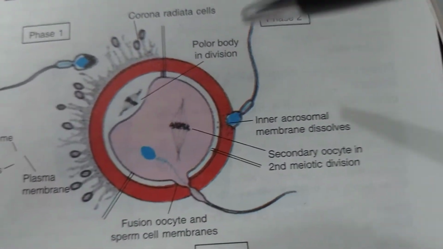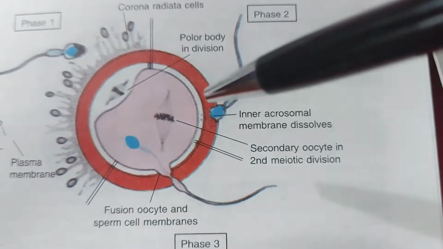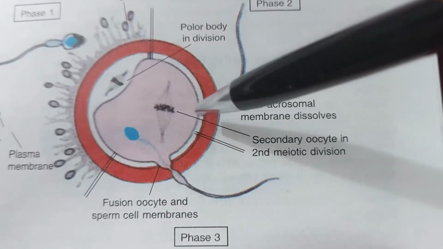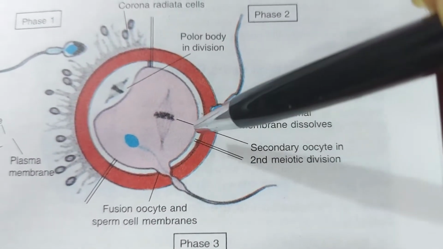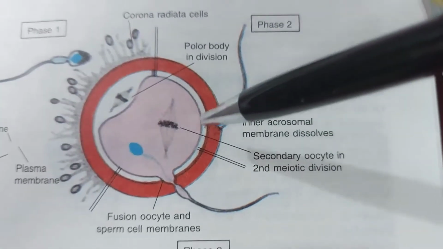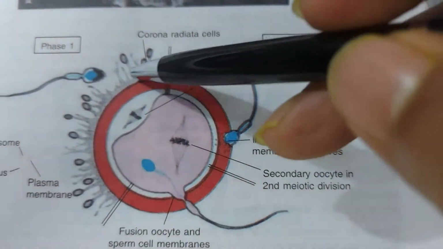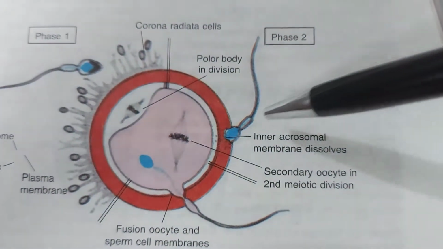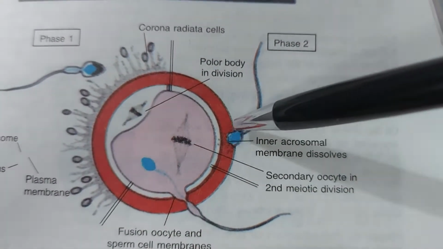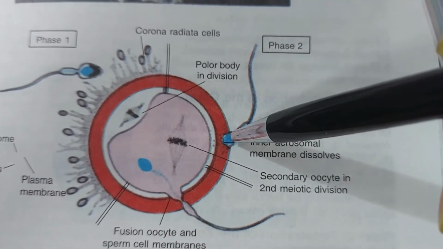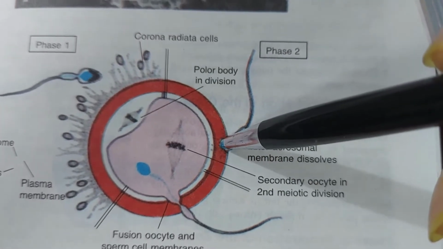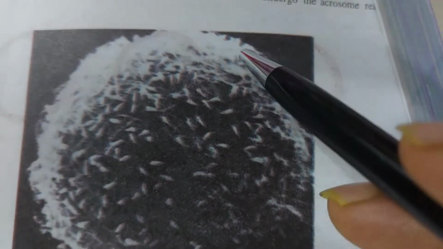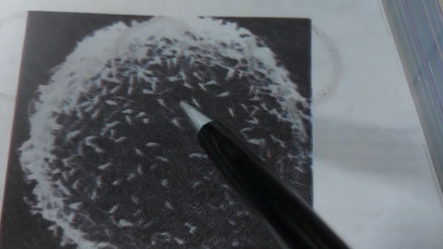If we can see, here is the secondary oocyte with the Zona pellucida layer, and here you can see there is a sperm that binds with this Zona pellucida, and there are many sperms that try to bind with the ovum.